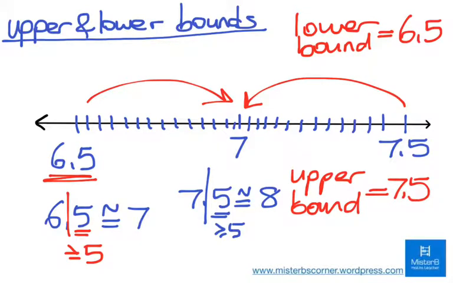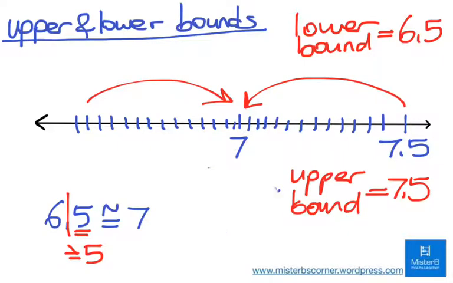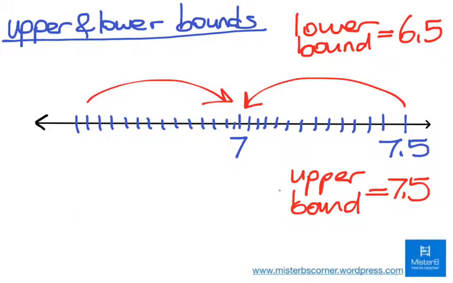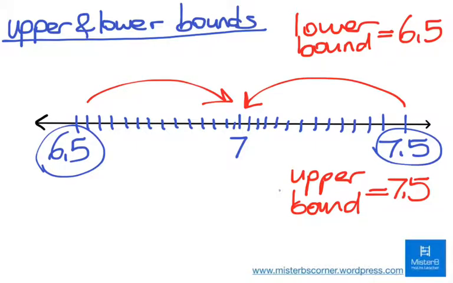The best way to show upper and lower bounds is an inequality. Oops, let me clear this up. So this is 6.5, we said, that's the lower bound, and this is 7.5. So I'm going to say those numbers, which I don't know, so I call it x, they will range between 6.5 inclusive, because I can round 6.5 to 7, and they will lie between 6.5 and 7.5.